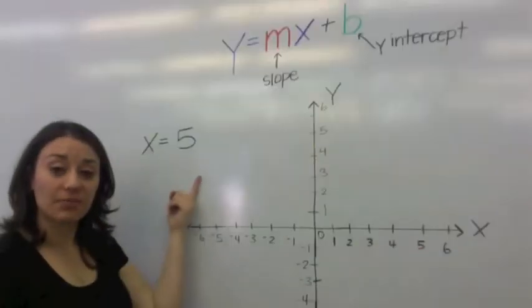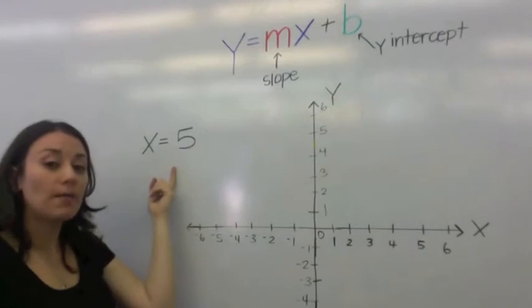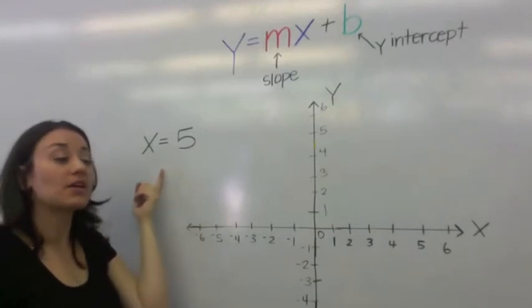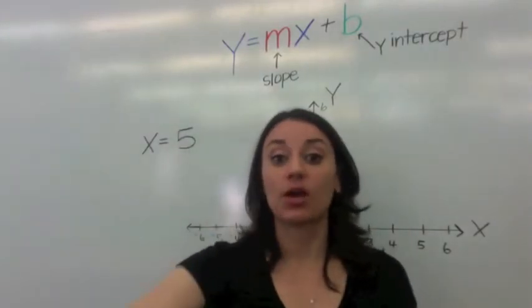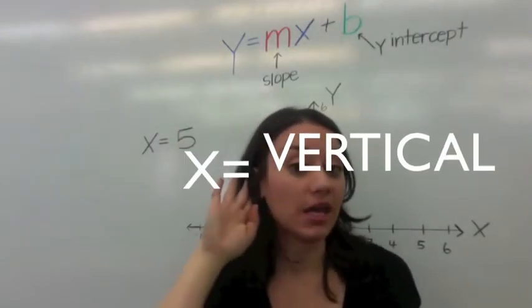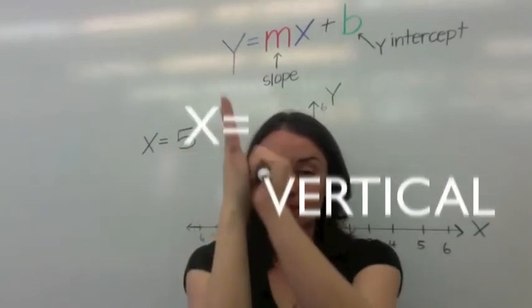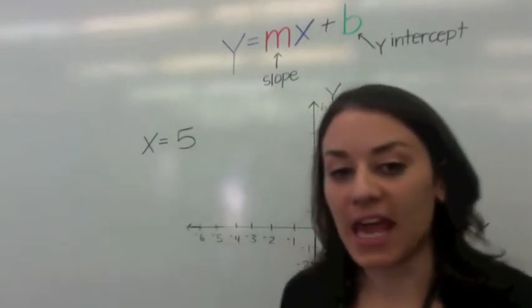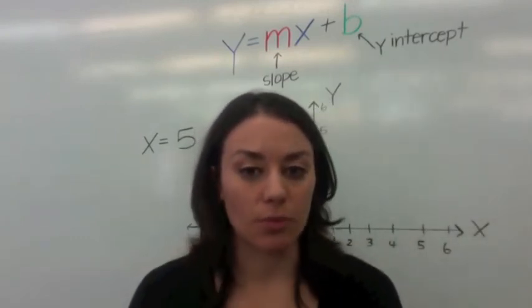In our last example, we see the equation x equals 5, okay? Who remembers when you have the equation x equals 5, what kind of line is that? Is that horizontal or vertical? It's vertical, it's up and down, right? This is x. So in this case, there is no slope, right?